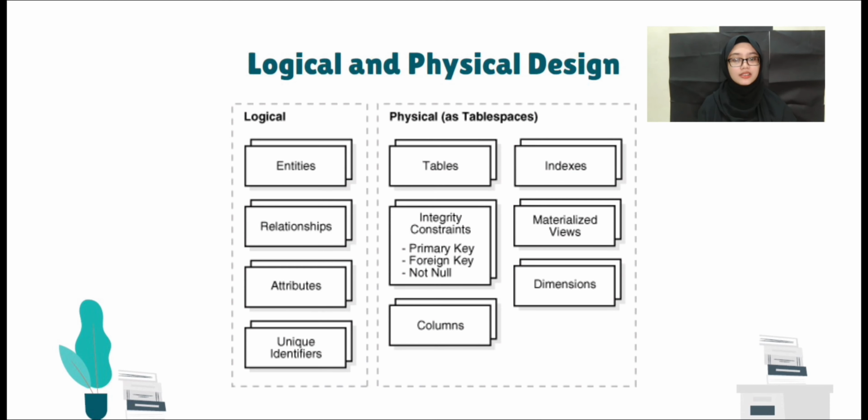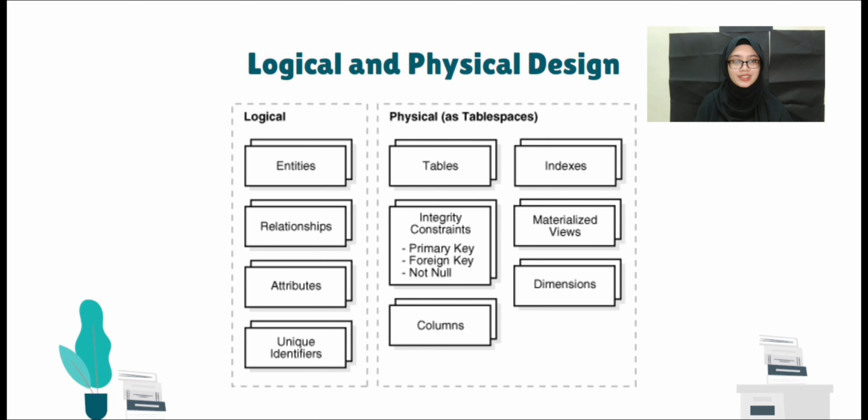Next, let's talk about logical and physical design. As you can see in the slide, there are the components of logical and physical design. As for logical design, the components that need to be in are entities, relationships, attributes, and unique identifiers.